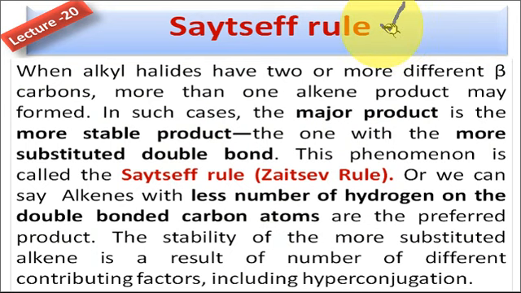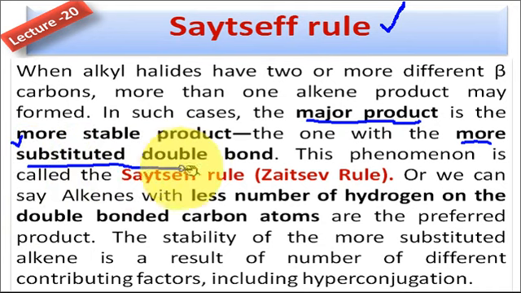If the alkyl halide has two or more different kinds of beta carbon atoms, then the major product of this beta elimination reaction is the more stable alkene. And what is the more stable alkene? The alkene which has the more substituted double bond is called the stable alkene. More substituted double bond means the alkene in which the double bond has the higher number of substituent groups. This is called the Saytzeff rule.